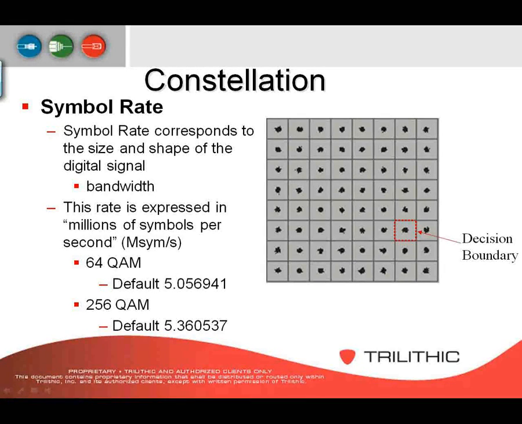The default for 64 QAM on the NXB is 5.056941, and the default for 256 QAM is 5.360537. Those are just the defaults for the NXBs.